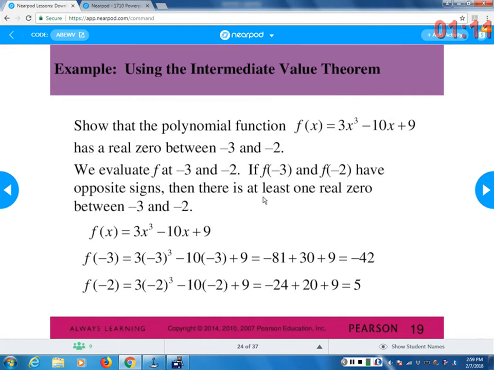But if you've got a polynomial function, this is just an example of that. If there's a sign change of f of x between -3 and -2, then you know that there's a 0 somewhere in between those two numbers. So if you put -3 into the function, you get -42. Then you put -2 in the function, you get -5. Let me draw a picture of that.